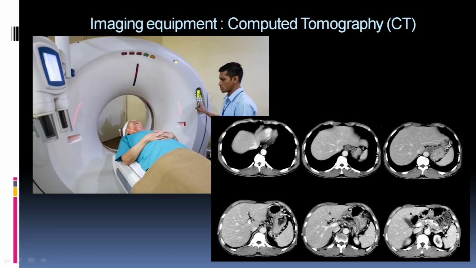Now, here is a CT scan. This is a circular type of machine, and by this we obtain these axial sections, and these axial sections are further reconstructed, and they give the different planar images of the patient. They are generated by the reconstruction process. They are not automatically generated.